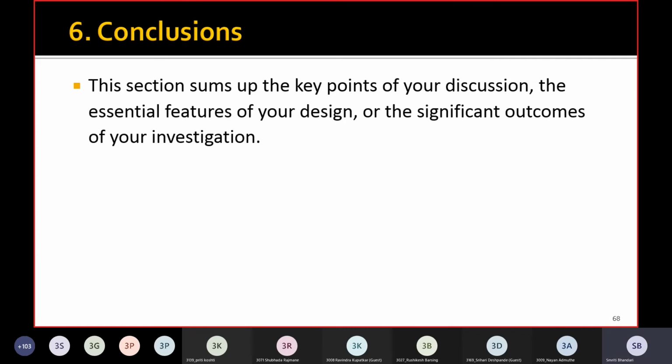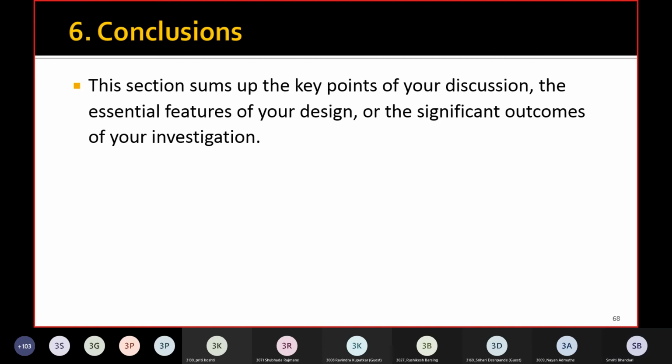This chapter should summarize the significant outcomes of your work. Typically, in conclusion, you should provide the solutions with respect to every objective that you have defined.